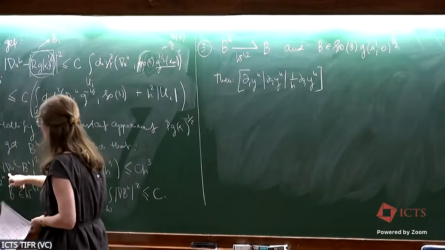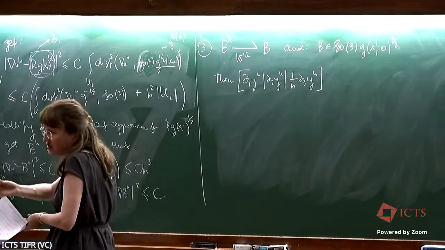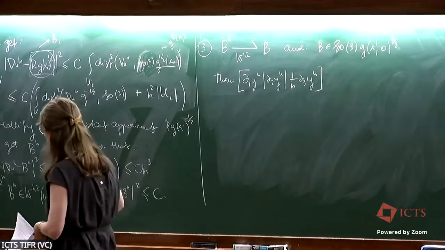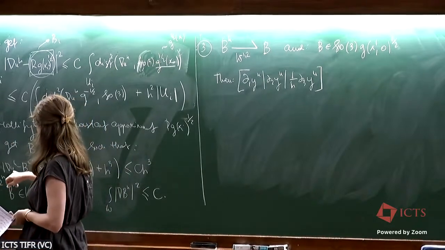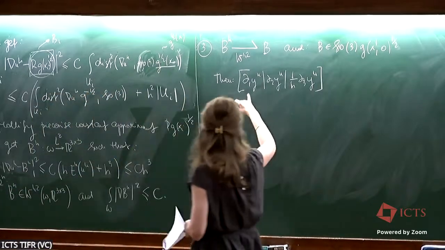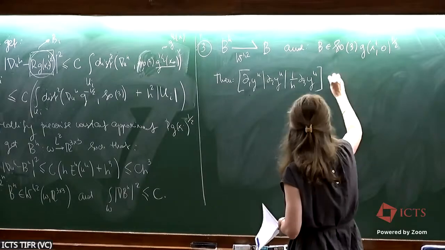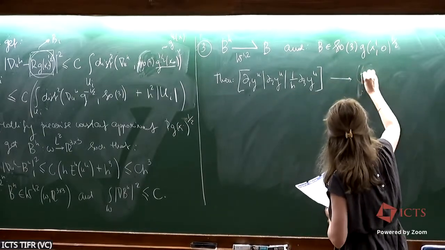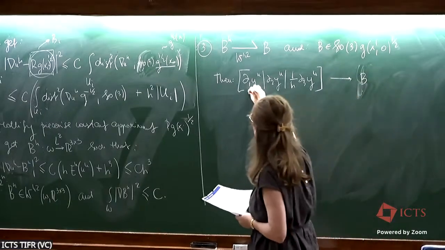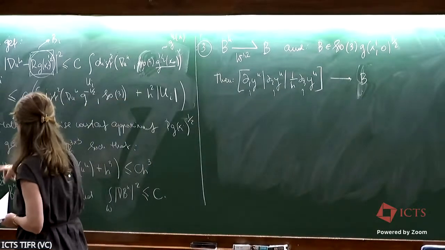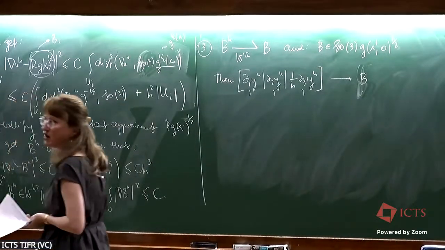So D1UH, which is like D1YH but after the change of variable, and D2UH, these are like, you know, the first column and the second column of B, so this converges to B. Okay, here and also here, because this is like D3UH, but now I am rescaling to omega 1.